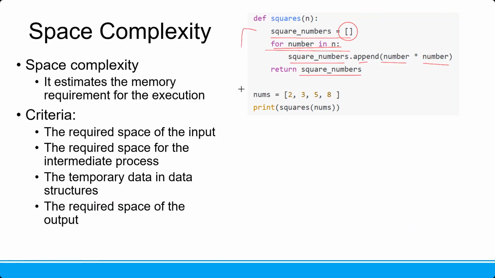So in this case, what is the space complexity? If we know that the data we have 1, 2, 3, 4, I can assume that this data also will give the output n times. This is number multiplied by number. So the result will be 4, 9, 25, and 64. So there will be n according to the data.